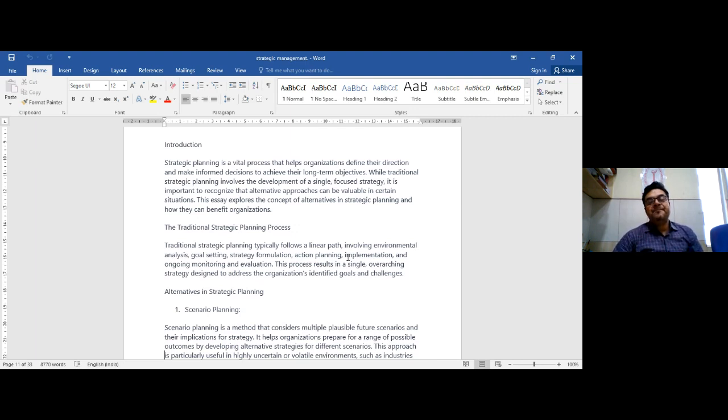They would also result in a single overarching strategy that are intended or designed to address the organization's identified goals and challenges in the long run.